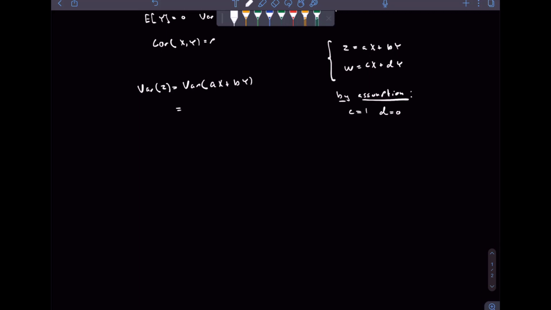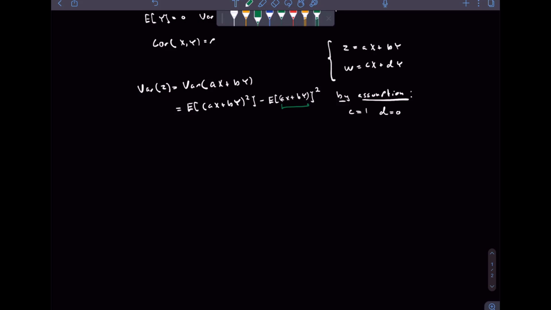From here on we just use the definition of the variance: the expectation of (aX plus bY) squared, minus the expectation of (aX plus bY), squared.